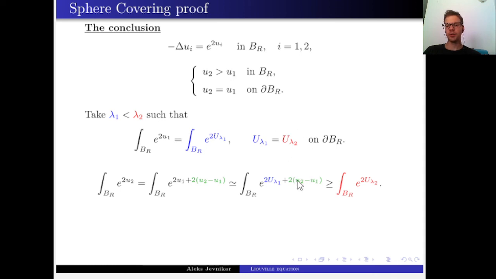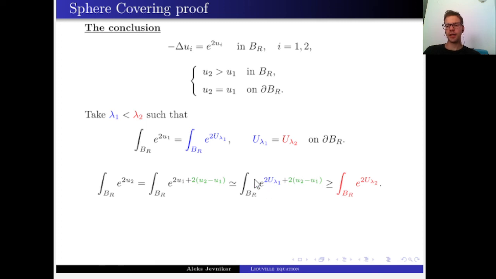You see on the boundary the two solutions agree, so the difference will be just 0. So on the boundary this will be just the spherical cap.